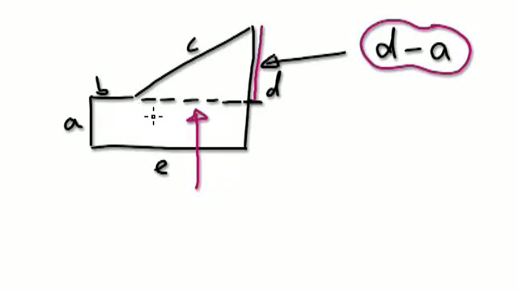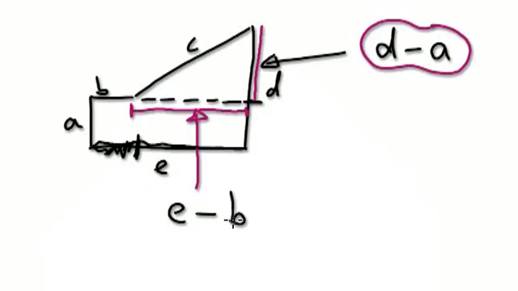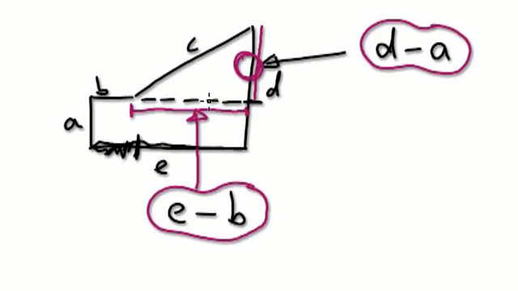Now the distance from here to here would be the whole string E, take away B, because this length here is B. That exists in a bubble here. Now I'm going to get this bubble times this bubble.